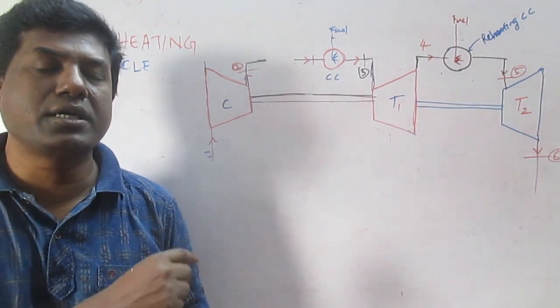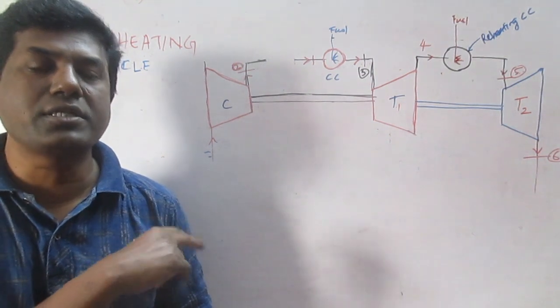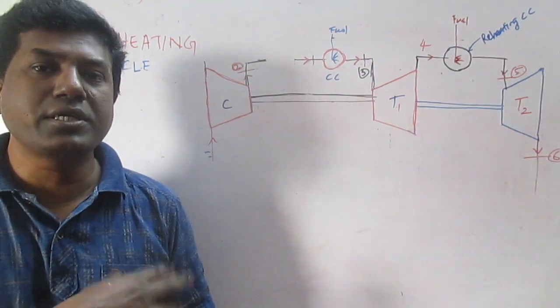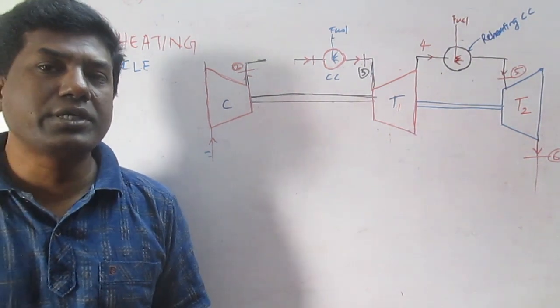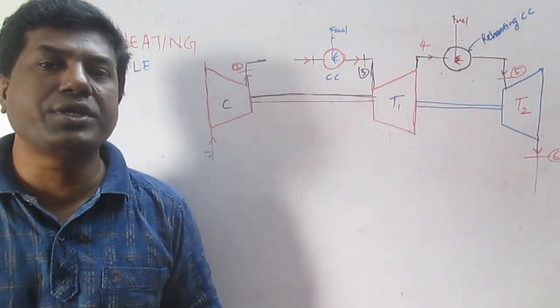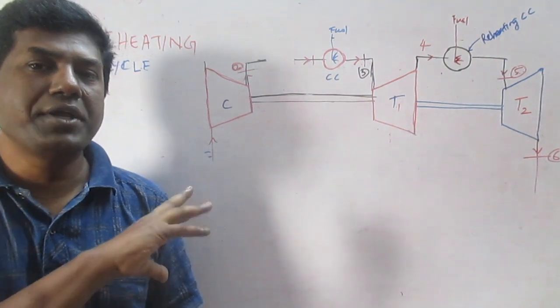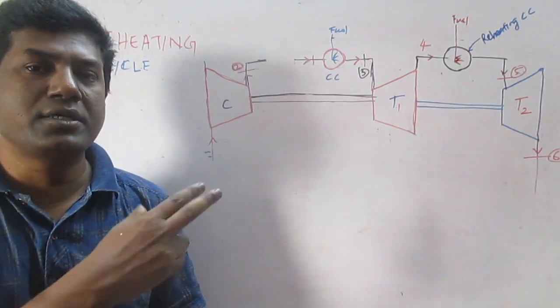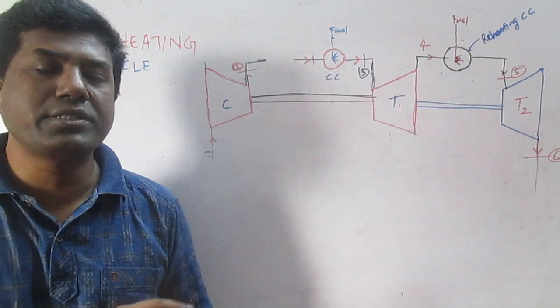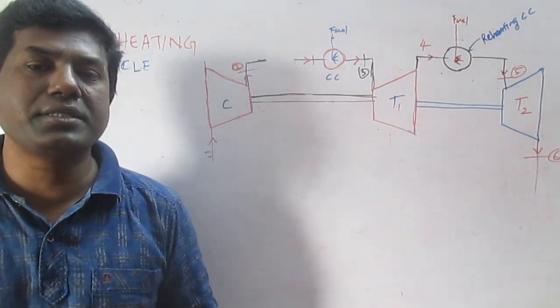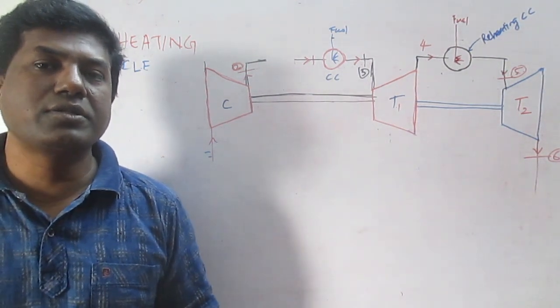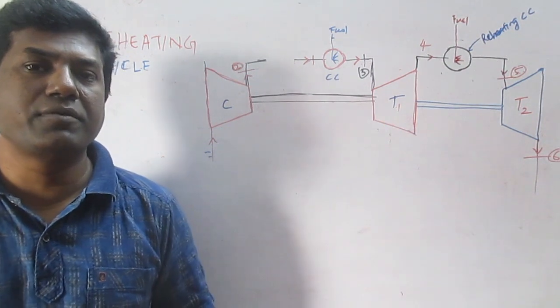In this process the turbine work is split into two stages to increase the turbine work. So by splitting the turbine work into two stages, it is increasing the turbine work. That is very obvious.